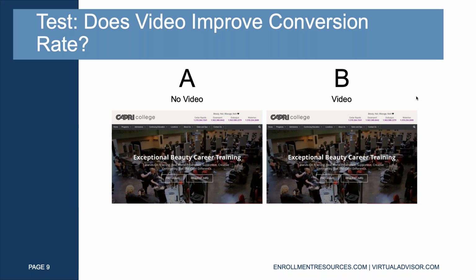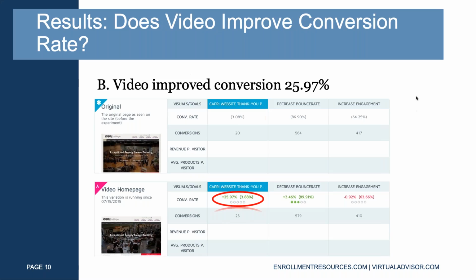Well, I think a lot of people talk about video being a key. So seeing some activity and some action, you'd think video should improve conversion. And you'd be right by a lot. In this case, video improved conversion rate 25.97%, which is pretty significant.